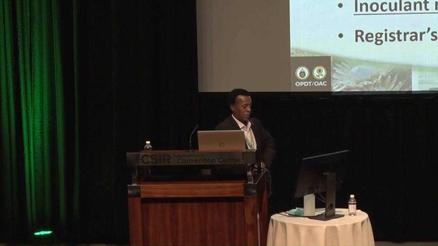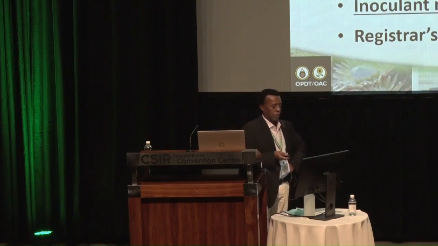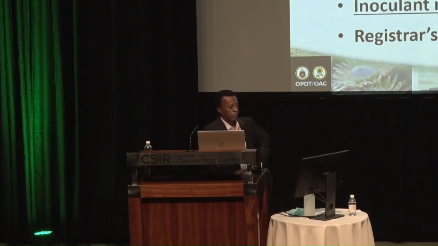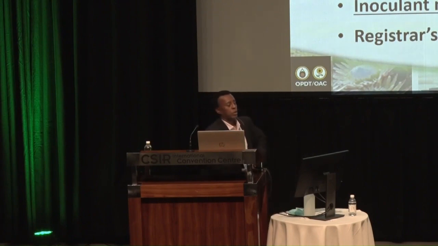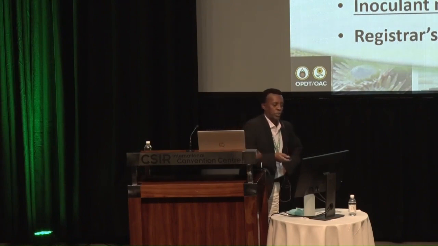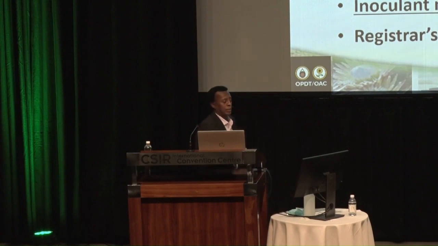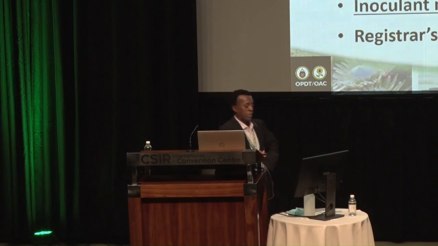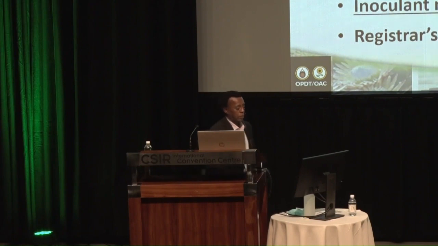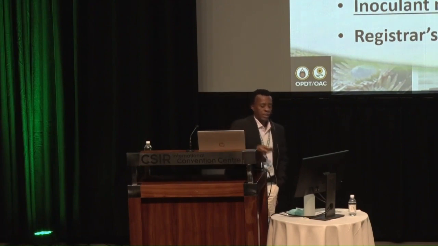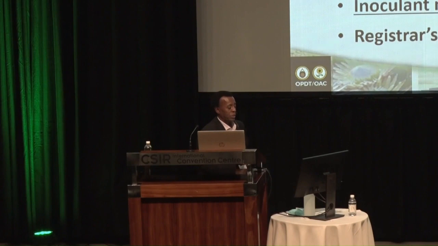The fourth topic is the expansion of the South African Rhizobium collection as a genetic resource, because a number of research projects are being conducted at the nitrogen fixation unit. We have more than 3,000 strains of Rhizobia and rhizobacteria in the collection, stored at -80 in an ultra-freezer and as lyophilized cultures.